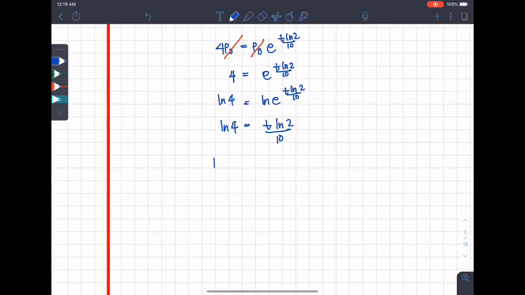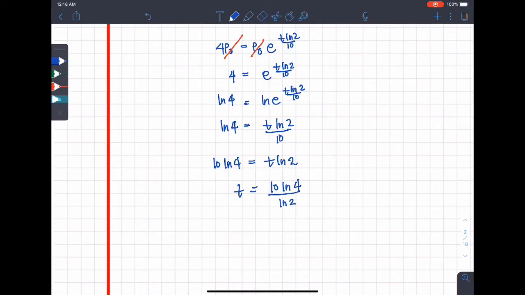So that would give us 10 ln 4 is equal to t ln 2, or t then is equal to 10 ln 4 all over ln 2. So let me use a calculator to solve this one. That is 10 ln 4, and then divide it by ln 2.